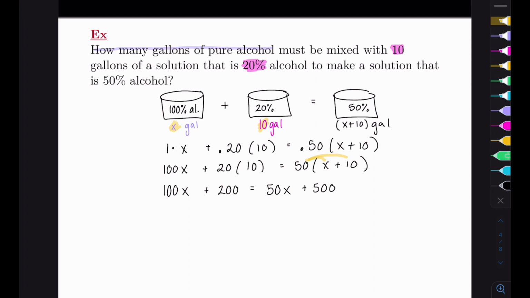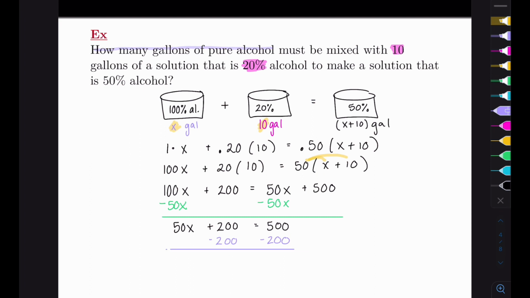So getting x's to one side, we subtract the 50x, subtract the 50x, and that leaves us with 50x plus 200 equals 500. And then we subtract the 200, and we're left with 50x equals 300.